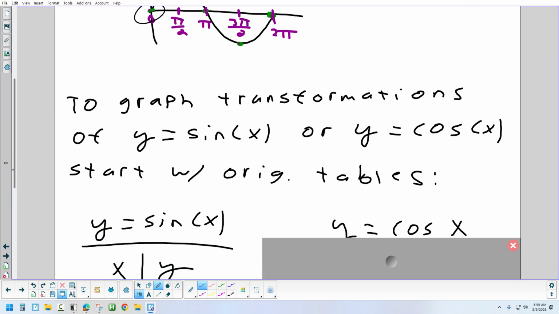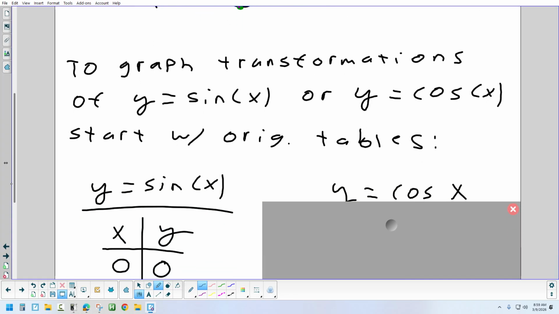Yep. That's the very first point that we're going to graph in sine. Is it the first point in the graph in general? No, there is no first point in the graph, because the graph goes on forever left and right. It's just the first point we're going to graph, 0, 0.